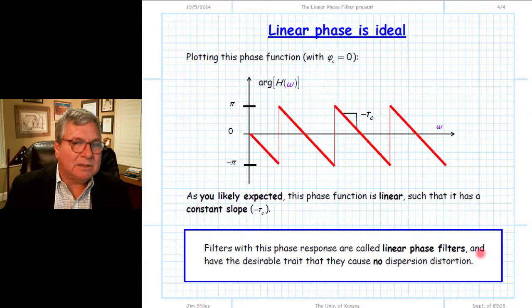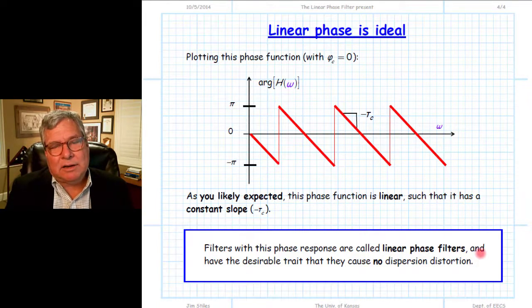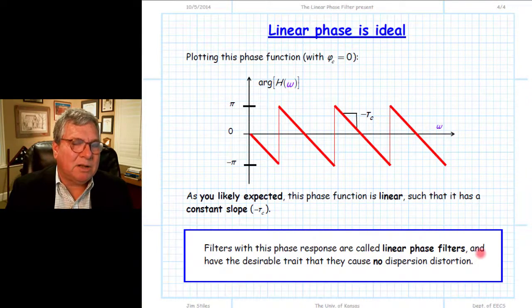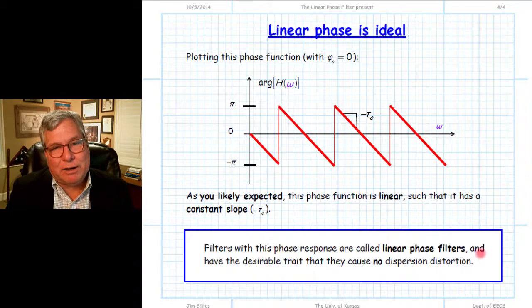Now, having said all this, this ideal characteristic is one that is seldom found in a filter, one that's difficult to build, and more precisely, as we'll see in a little bit, if we build a filter with an ideal phase response, we pretty much have to sacrifice every other artifact of the filter that is desirable to us.